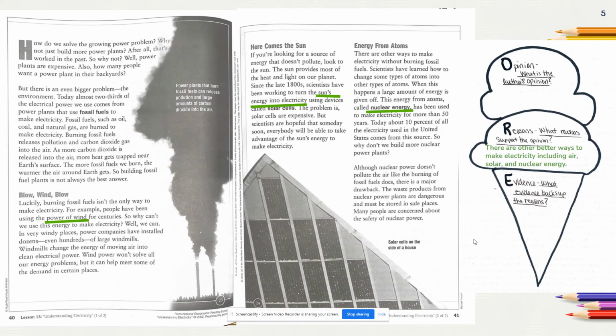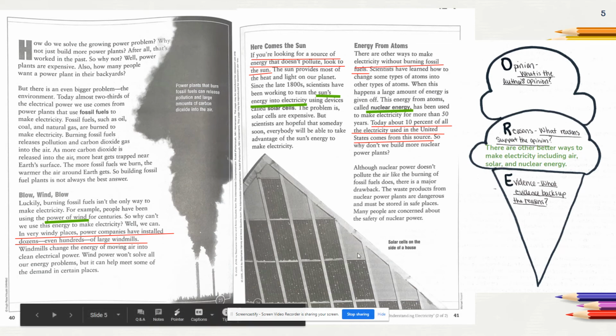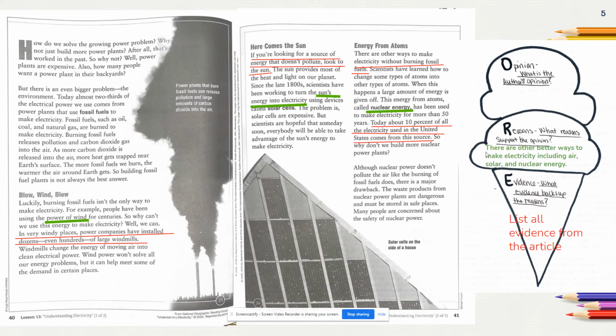What evidence backs up these reasons? Well, there's a lot of information and many different forms of evidence that back up these reasons. Whenever I'm filling out a chart like this, I would list all of the evidence from the article that supports the reasonings. So in this case, I would write information such as in very windy places, power companies have installed dozens, even hundreds of large windmills.